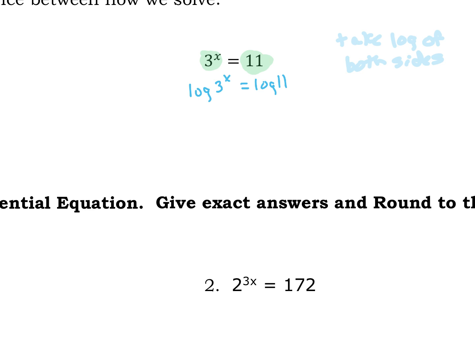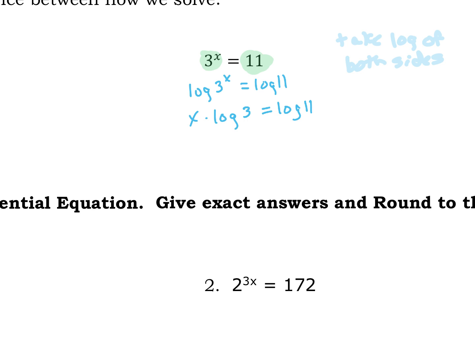But the properties about logarithms tell us that if we take the log of both sides, now we can drop that x out in front. And we know that then we would have x times the log of 3 is equal to the log of 11.